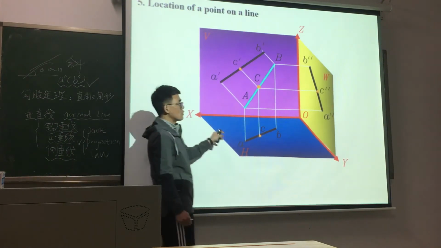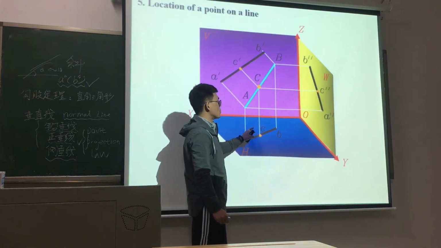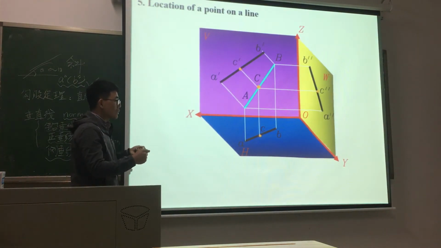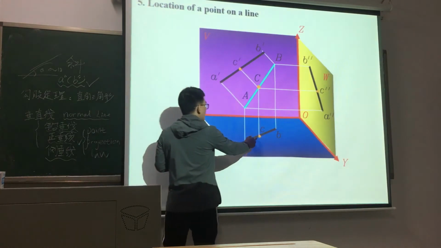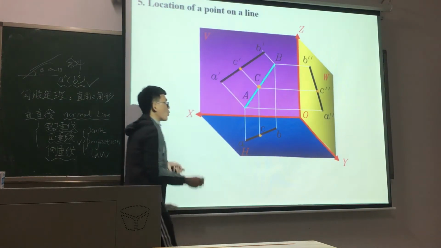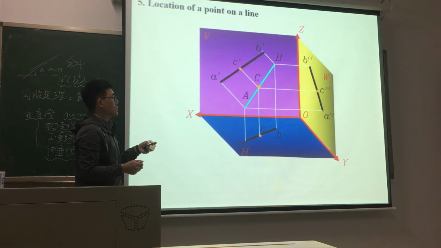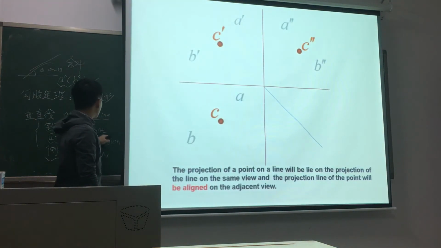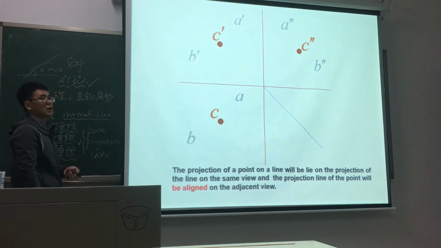Only from the three projections, the point should be on the projection. 所以就是只要从三面投影当中，这个点都在它的这个投影线上，反过来推，这个点就会在这个直线上。Okay, we call that the point projection line.